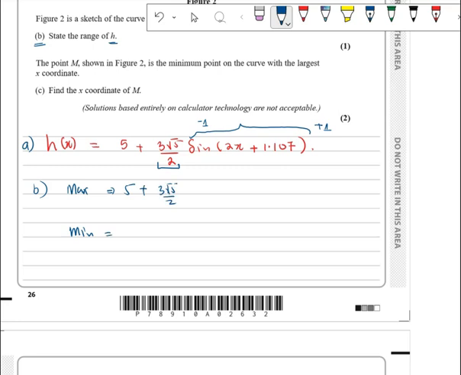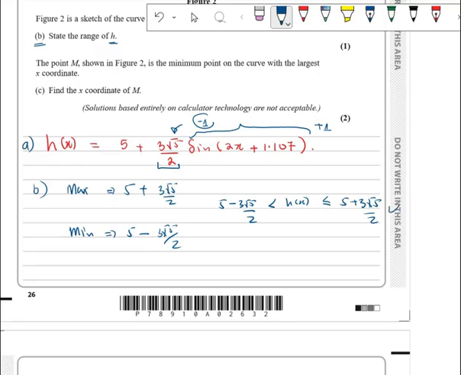And for the minimum, you're going to have 5 minus, because this is going to be -1, so this is going to be -3 root 5 over 2. That means the range of h, that means h(x), is between 5 plus 3 root 5 over 2 and 5 minus 3 root 5 over 2.